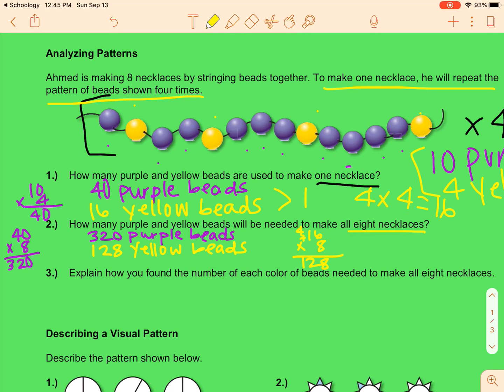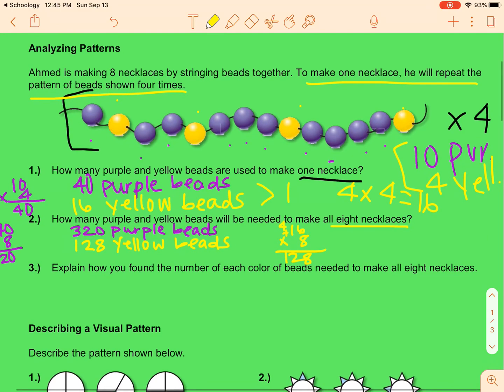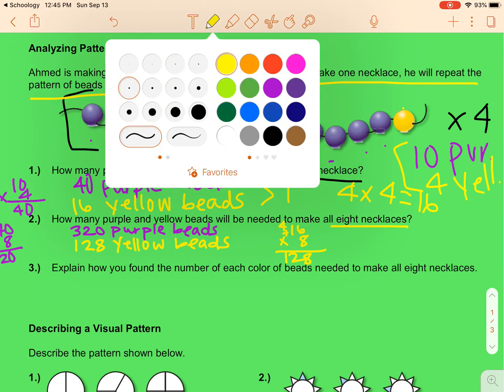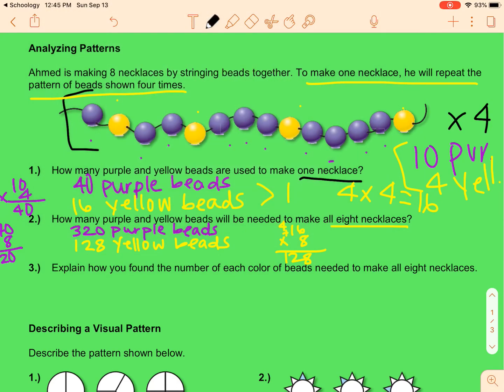Alright, so we're done with the second question. The third question: explain how you found the number of each color of beads needed to make all 8 necklaces. What did we do to figure out how many beads of each color we needed?